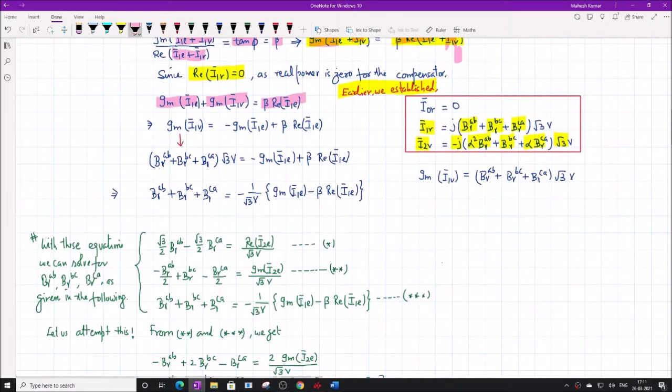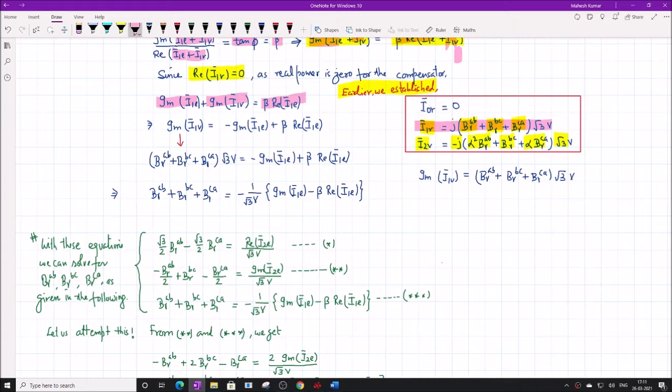Again simplify this, because we are interested to know the compensator susceptances in terms of the admittance parameter or the load parameters. So imaginary of I1 gamma. What is I1 gamma? This is I1 gamma. This we have proved earlier. Okay.